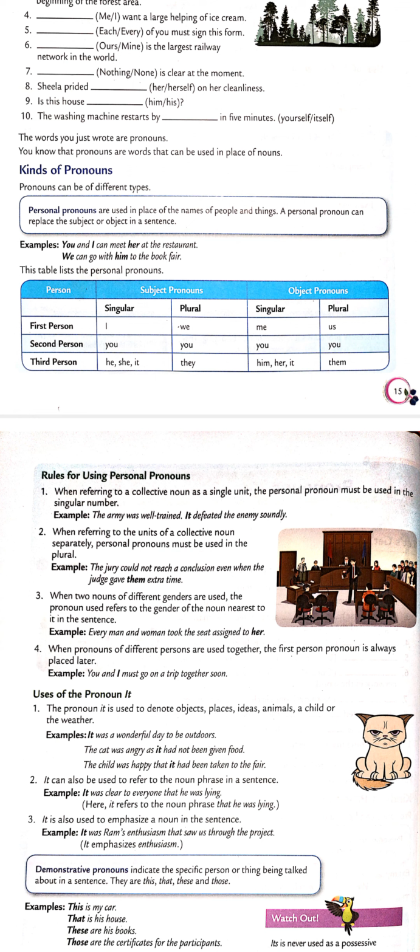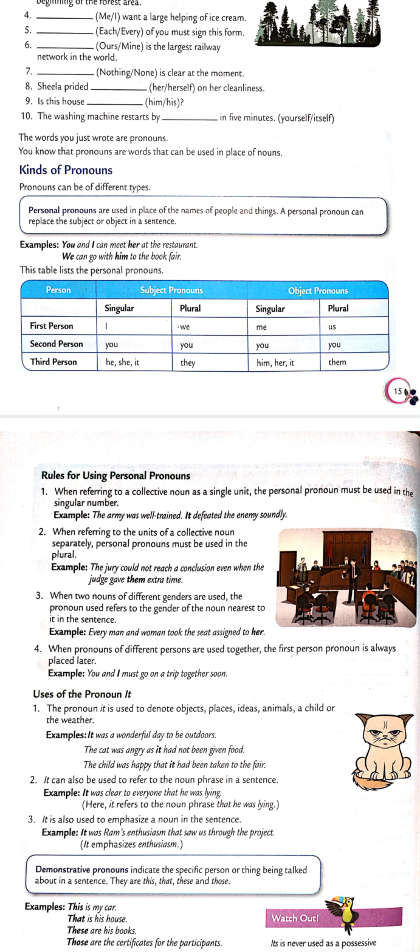Now, come to the next point, that is when referring to the units of a collective noun separately, personal pronouns must be used in the plural. The jury could not reach a conclusion even when the judge gave them extra time.